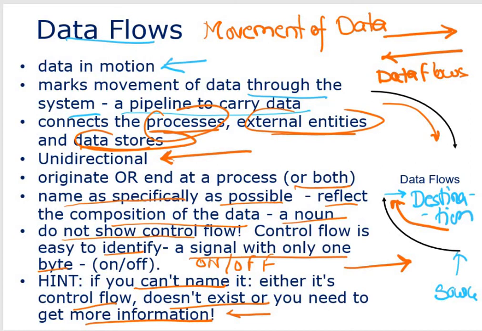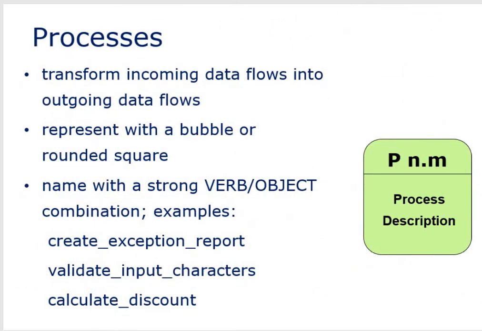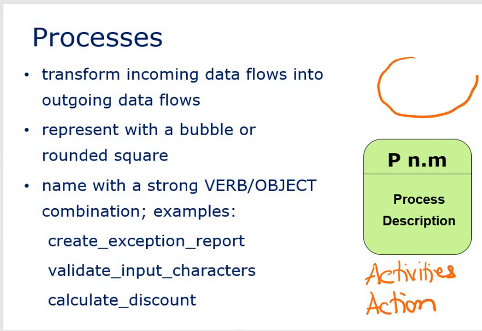Now, we talked about your source and sink, and then we talked about data flow. Now let's talk about your process. The activities and the action taken on the data are represented by this round-edge rectangle, or in some of the literature it is also represented by a circle.